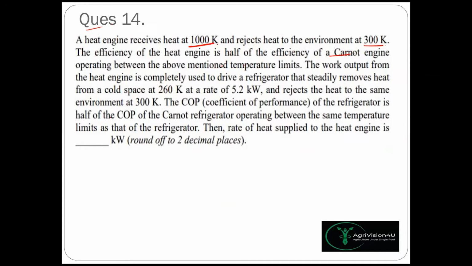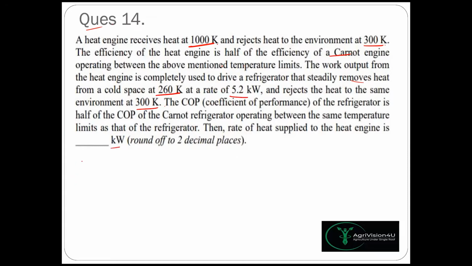Now, the work output from the heat engine is completely used to drive a refrigerator that steadily removes heat from a cold place at the rate of this and rejects the heat to 300 Kelvin. The COP of the refrigerator is half of the COP of the Carnot refrigerator operating between the same temperature limits. Now we have to find out the rate of heat supplied to the heat engine, in kilowatts.